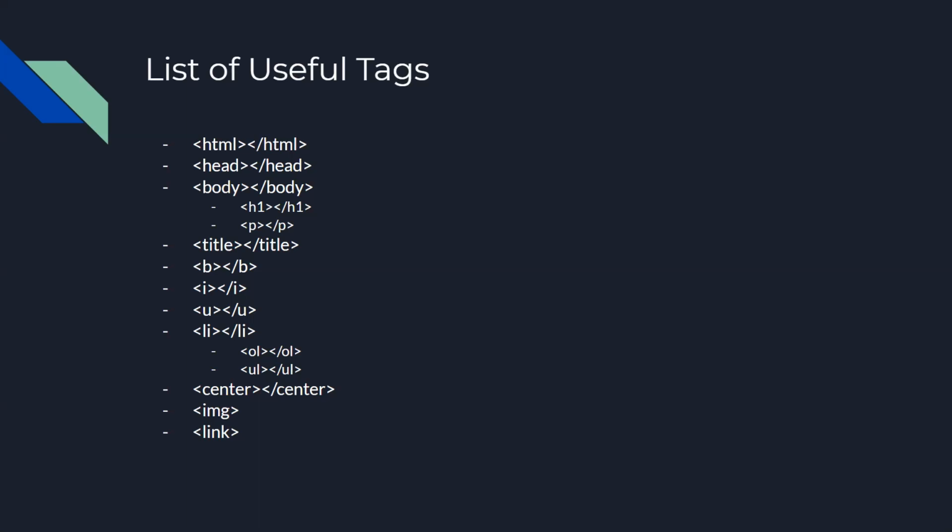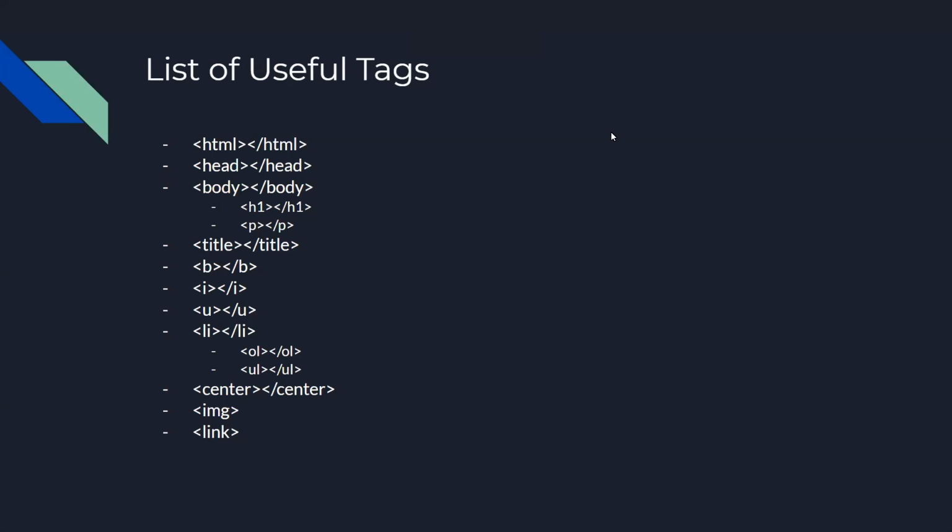The first tag is the HTML tag, which indicates that this file is an HTML file. And then we have the head and the body. In the body, you can put different H1 headers and paragraphs, anything. Then we have the title tag, just basically changing the tab.